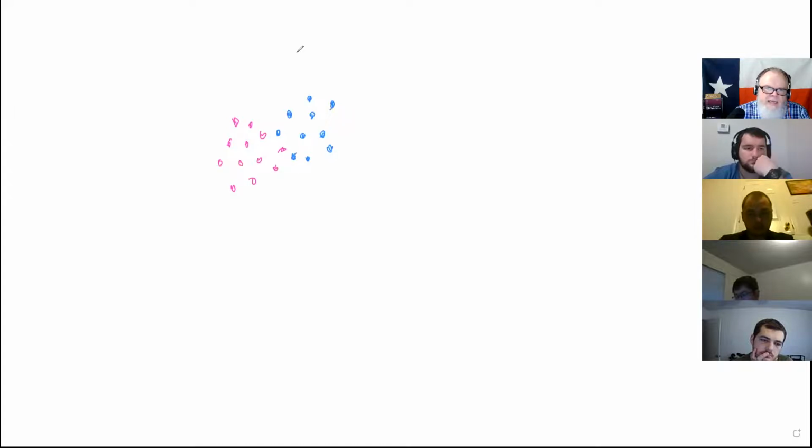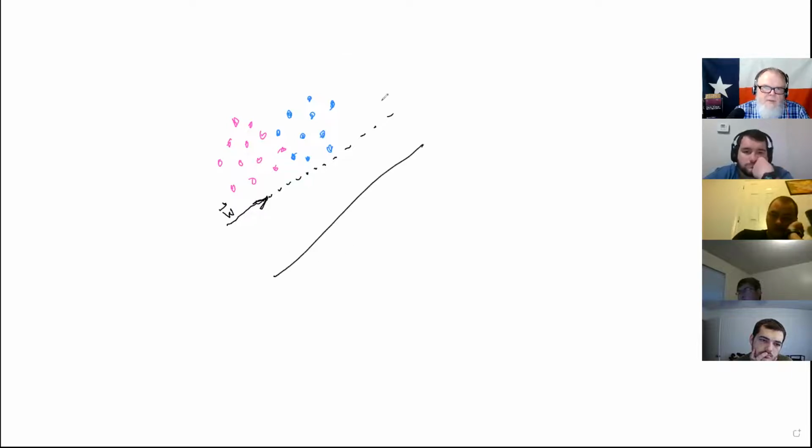Okay, once we get the optimal W, it looks like the W here should be about like this, right? That should be the unit vector. And we have chosen the vector. Now, in accordance to the projection, we have all of the blue data on one side.